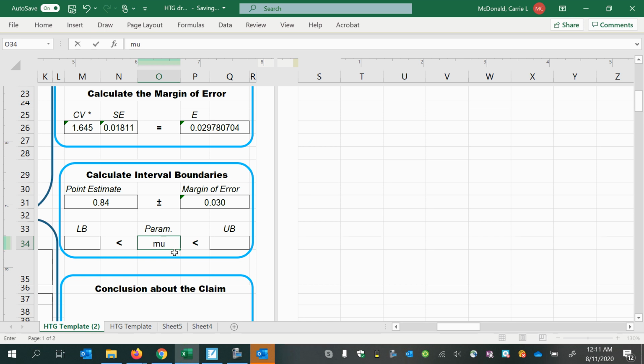So in this case, it's not the mean because we're talking about proportions, so it should be P without a hat. If it has a hat on it, that's the sample statistic, and we don't want that. We are estimating the population proportion. The lower boundary would be the point estimate, the sample proportion minus the margin of error, and the upper boundary would be the sample proportion plus the margin of error.